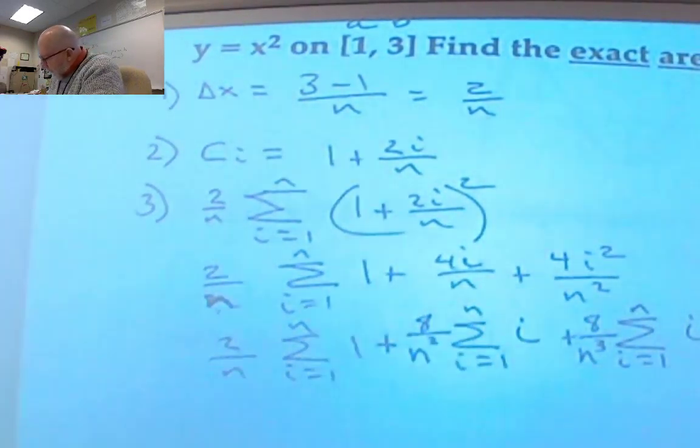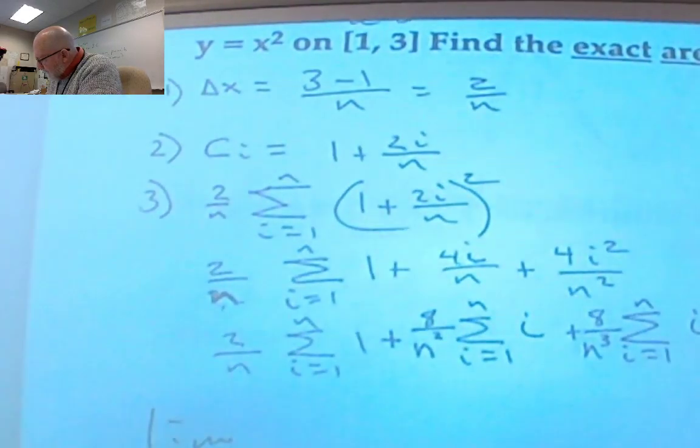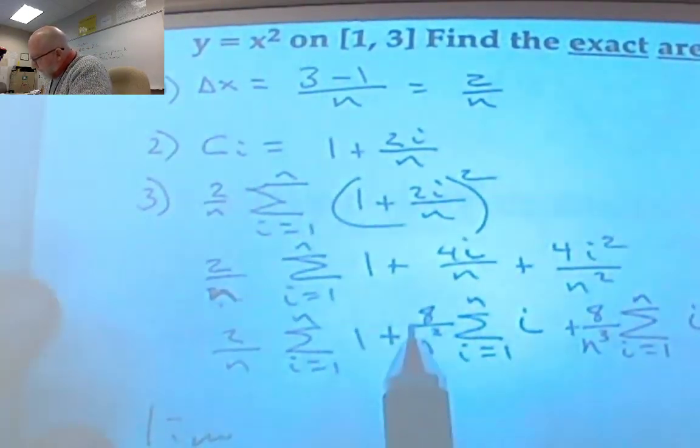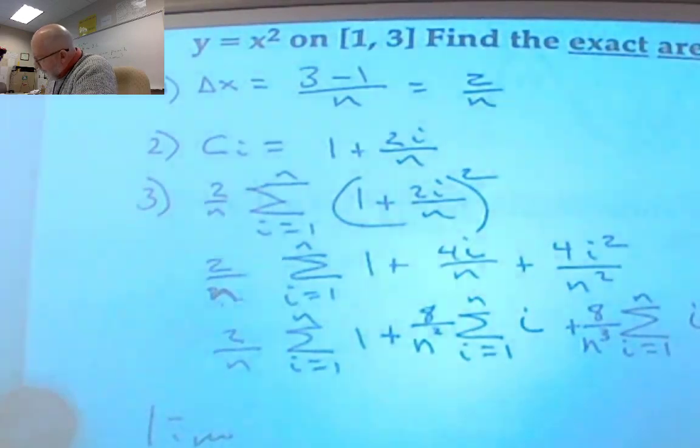All right, I'm going to take the limit right away so I don't forget, because I don't want to take the limit of nothing. So, Hillary, I'm adding 1 n number of times, and then I'm going to multiply that by 2 over n. What will that give me? 2.